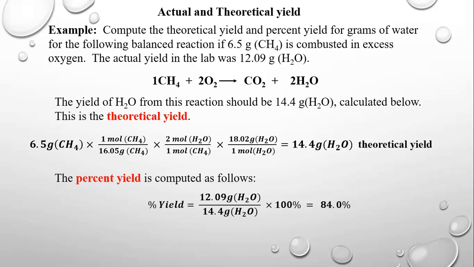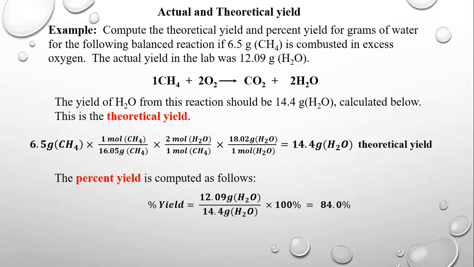Percent yield equals 12.09 grams of H2O over 14.4 grams of H2O. So the actual on top, the theoretical on bottom, you multiply by 100%, and that gives you 84%. So we obtained 84% as much water as our chemical equation said we should.